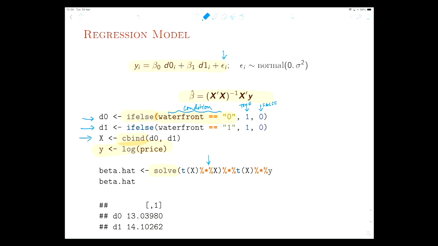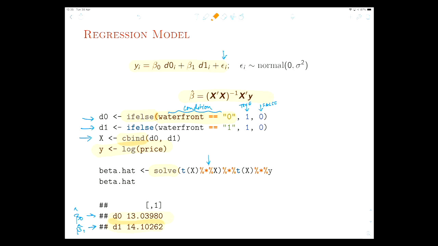We get the value for beta hat. Now notice the beta hat values. Are they similar to some values that we've just seen before? The beta 0 hat and beta 1 hat that we've got here, do they remind you of some values that you've seen in one of the previous slides?